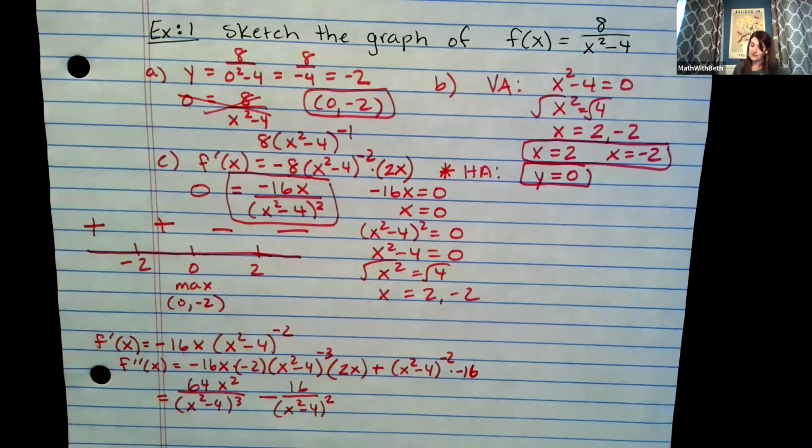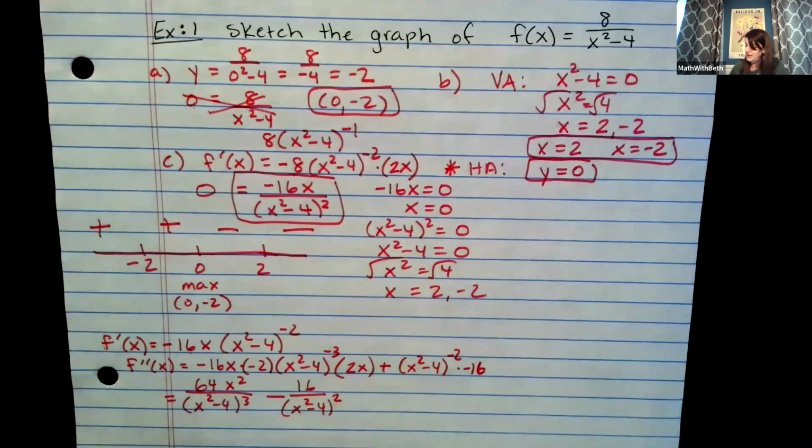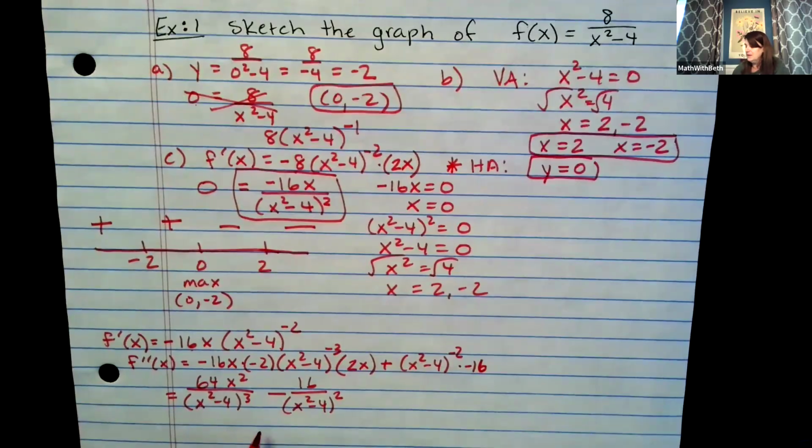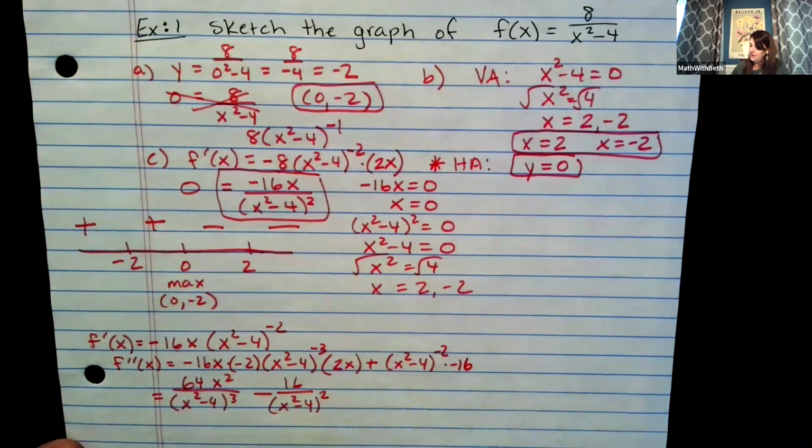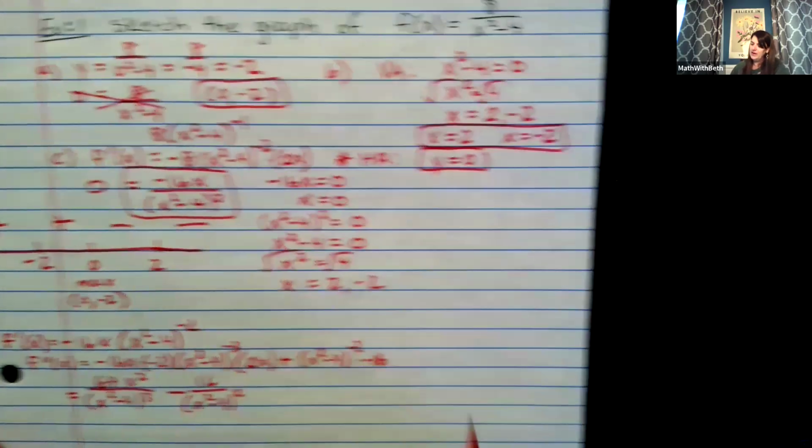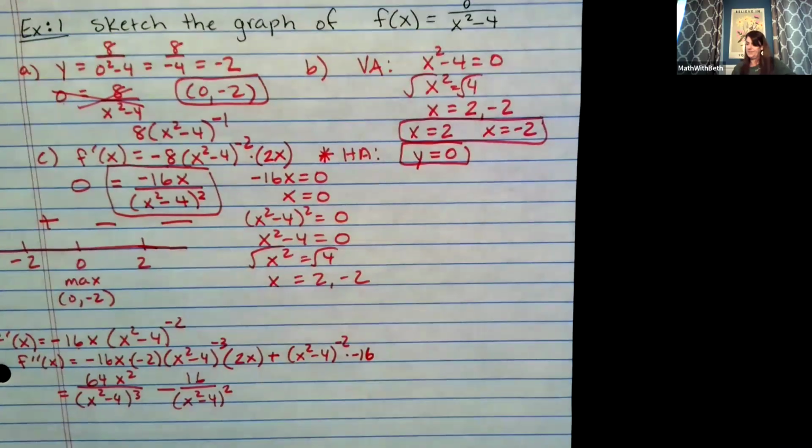So if I want to find out where this equals 0, it would again just be setting the top and bottom equal to 0 and solving. So I think we can probably go ahead and sketch from what we have so far.